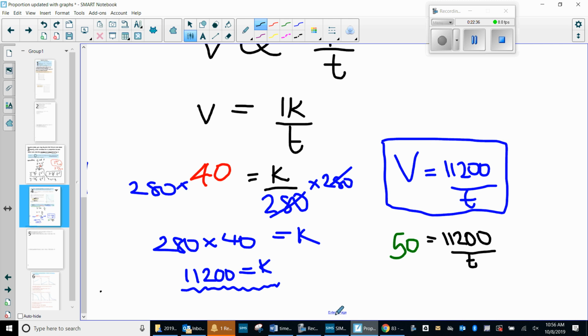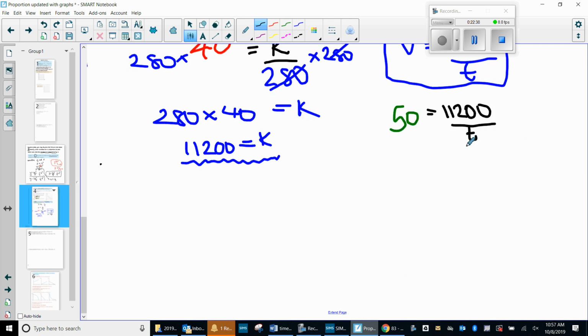Because we need to find the value of t, and t is on the bottom, what happens is that this and this switch. So we write t equals 11200 over 50.